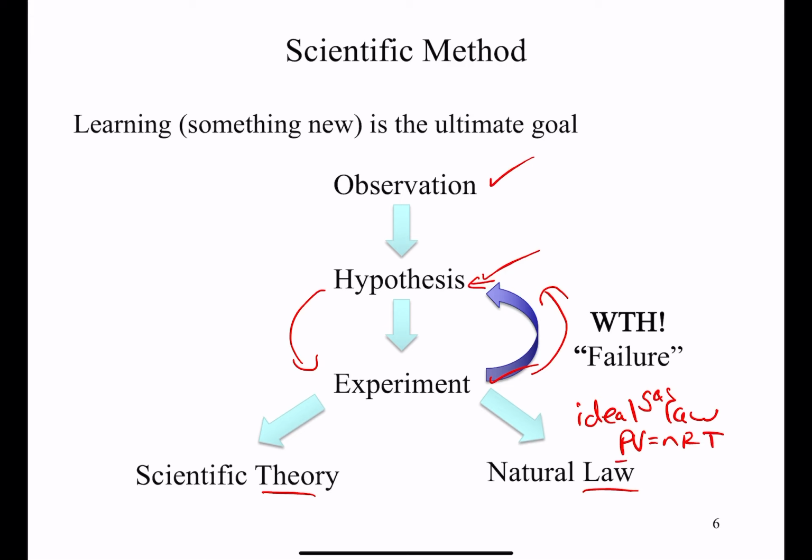P stands for pressure, V stands for volume, n is a lowercase letter that we'll use for moles, even though moles starts with the letter M. R is the gas constant, and T is for temperature. Now, the ideal gas law is just an equation. The theory that goes along with it, we call kinetic molecular theory.